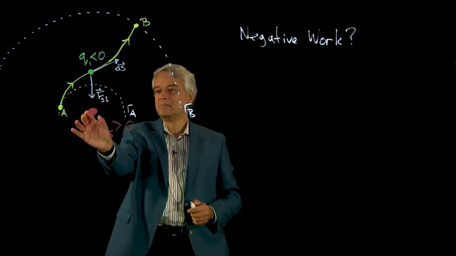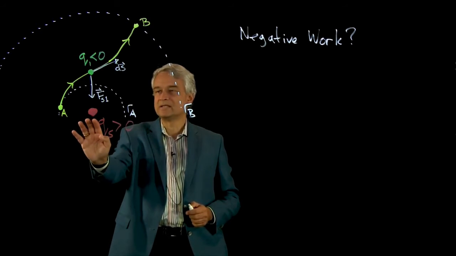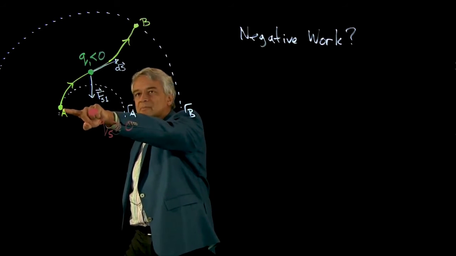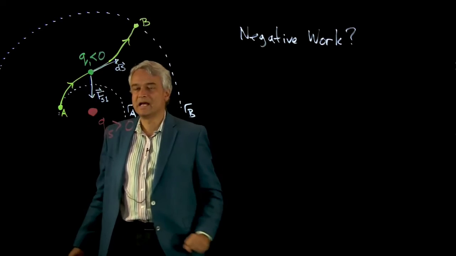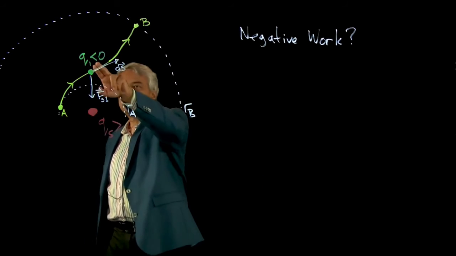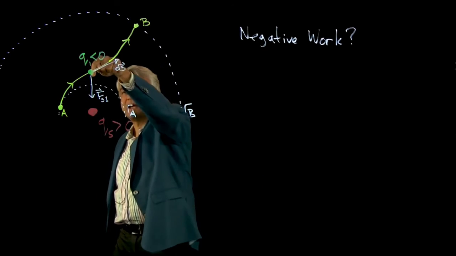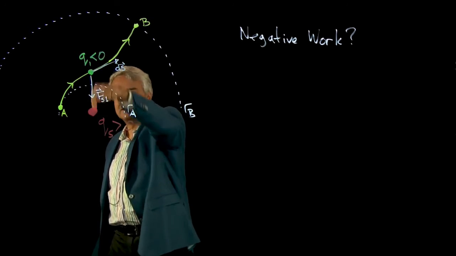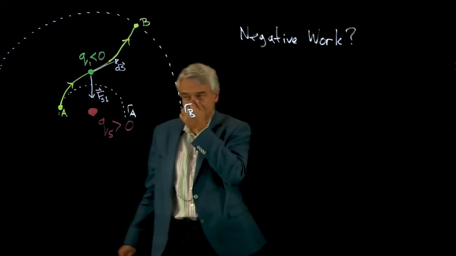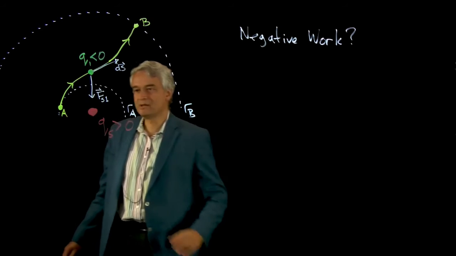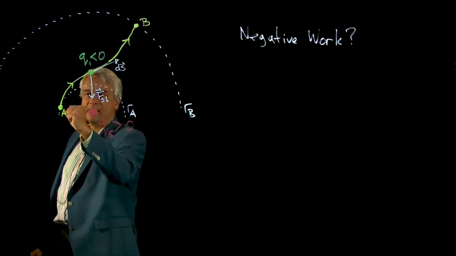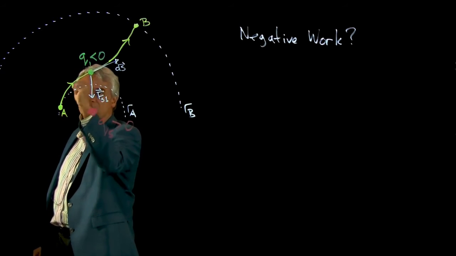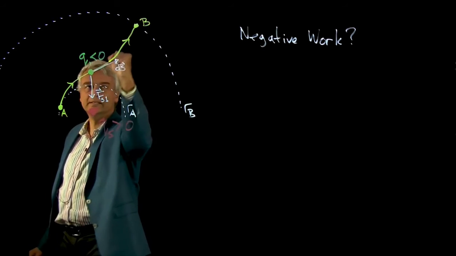I have some large fixed positive charge Q_S sitting here, and I took this negative charge Q1 from the point A to the point B along this path, and the fact that this is a negative charge means that there's an attractive force pulling on this negative charge in the direction of the positive charge. So now let's imagine that I am pushing this charge from A to B at constant speed.